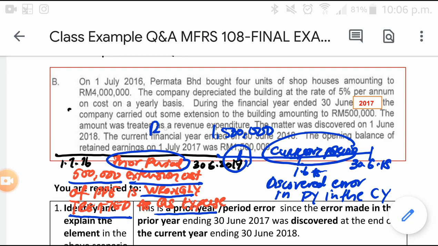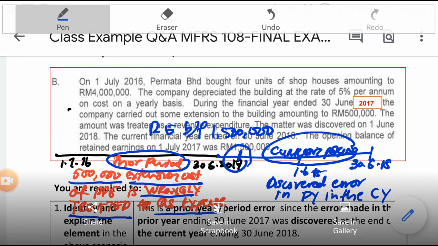The retained earnings brought forward is a component of equity of the company. Okay, that is what happened to the company. And because of this, not only do you notice that the revenue expenditure was wrongly recognized, but there is also an issue of depreciation being undercharged.